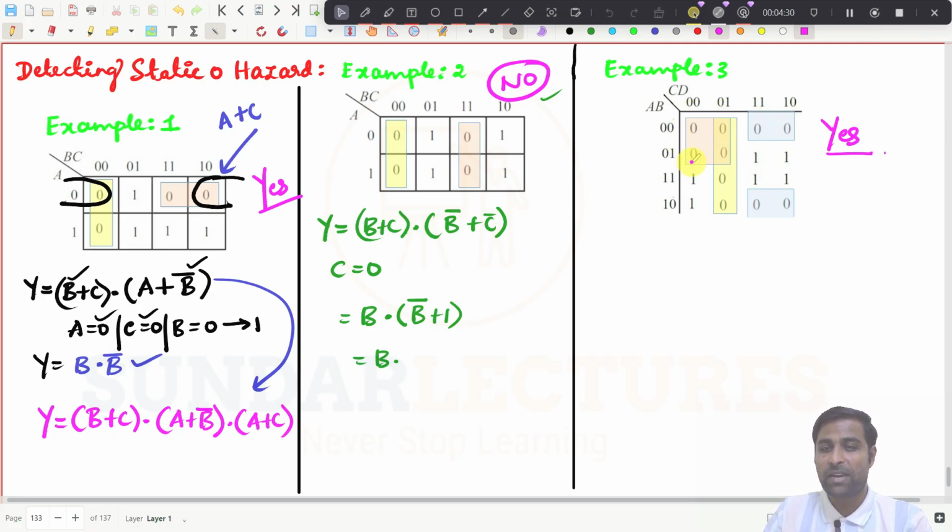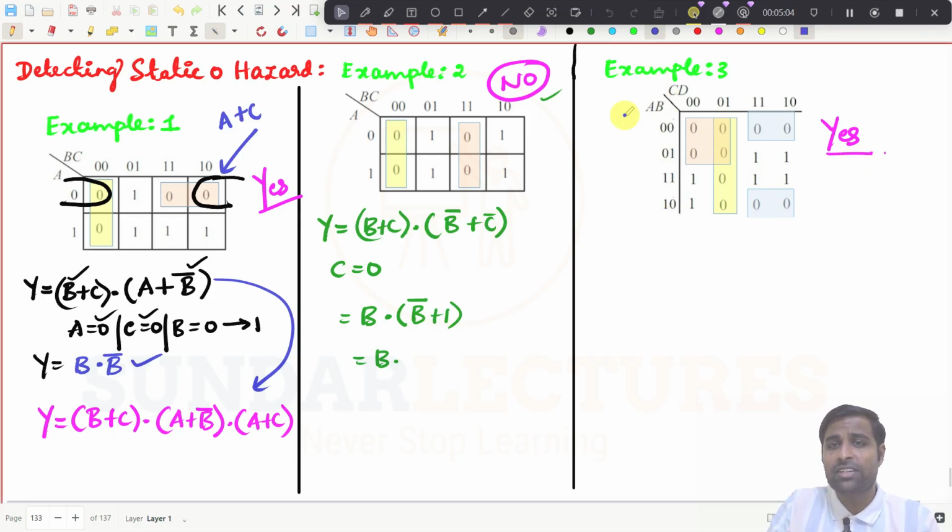But simply don't put pairs, because you can make this a quad. Try to understand. Here also you can apply the simplification techniques, so that the different groupings can be covered. But the answer is yes, there is a static zero hazard.